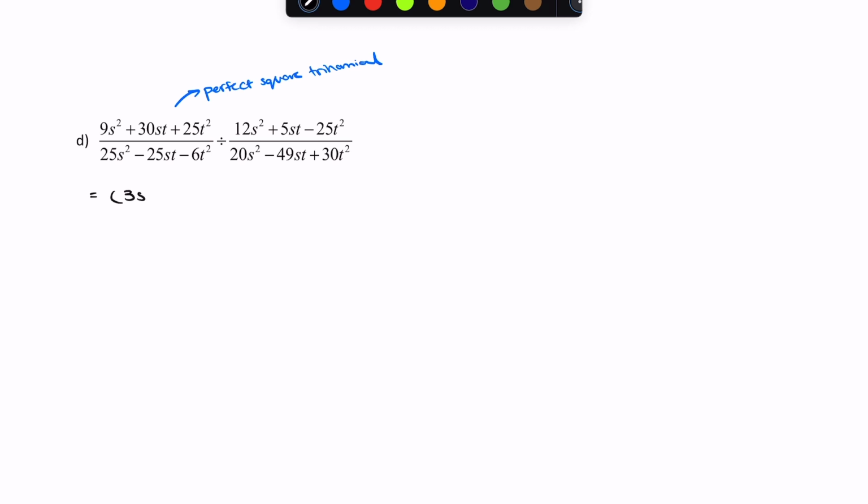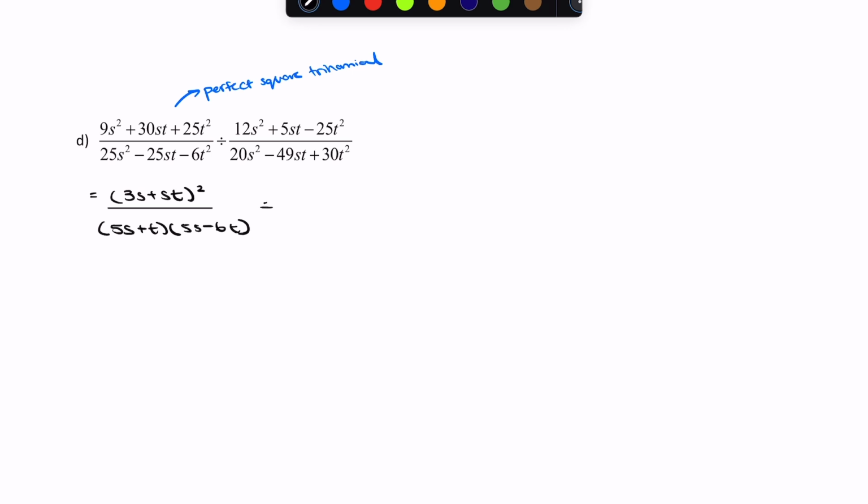So 3s, sorry, plus 5t squared, over the bottom of 25s squared minus 25st minus 6t squared. So again, same idea in terms of any other complex trinomial. Here, you'll get 5s plus t and 5s minus 6t.